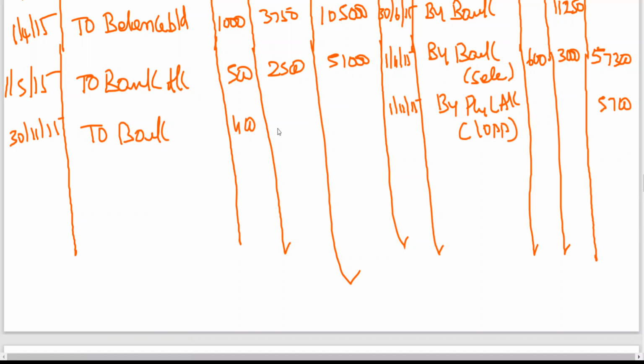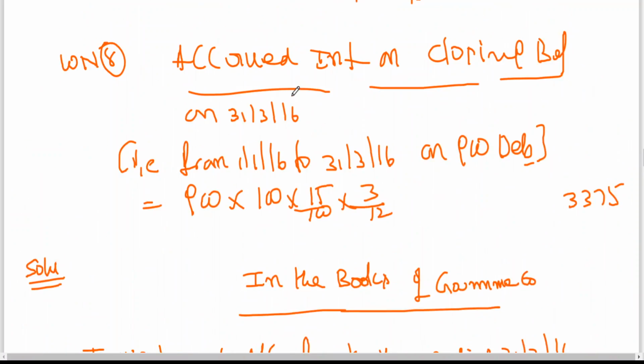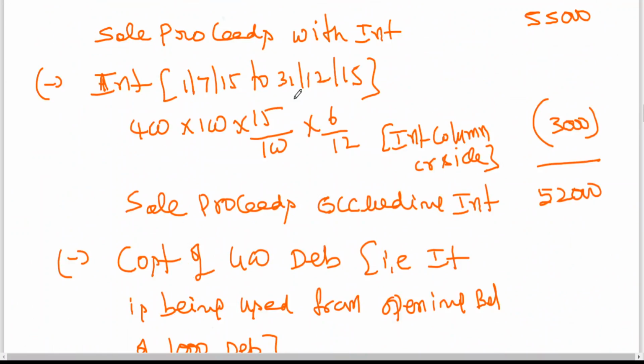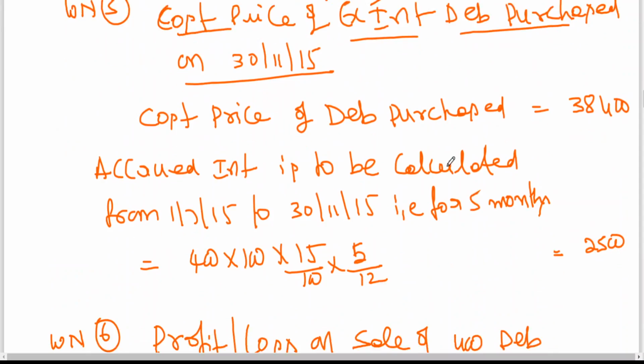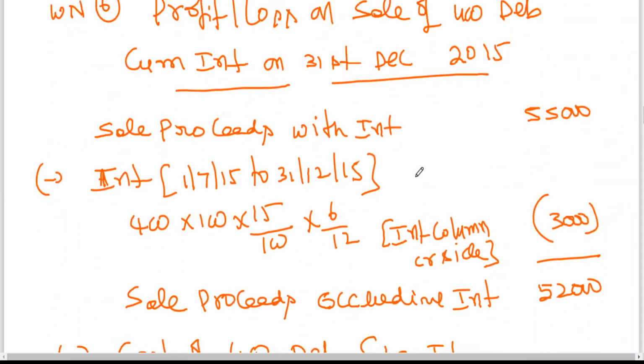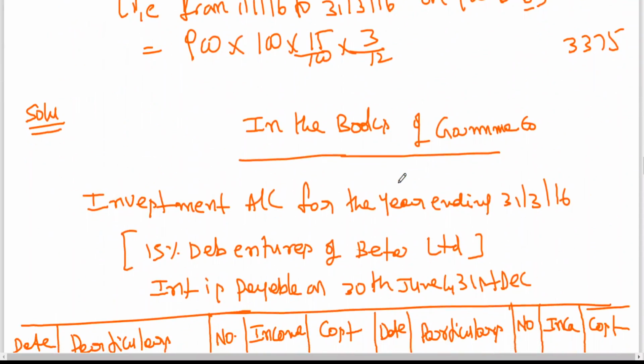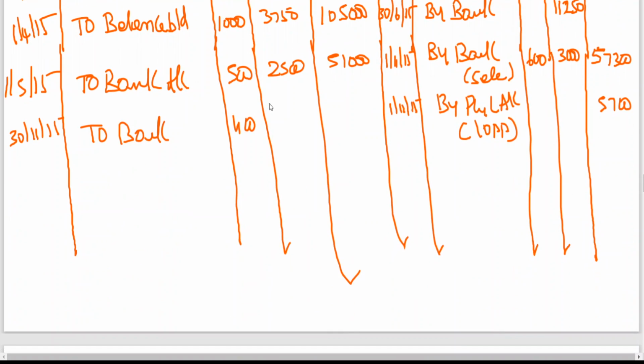Okay. What is the accrued interest column? You got already calculation, no? 2,500, I think. $1,500. 38,400 is in cost column. This is also completed.